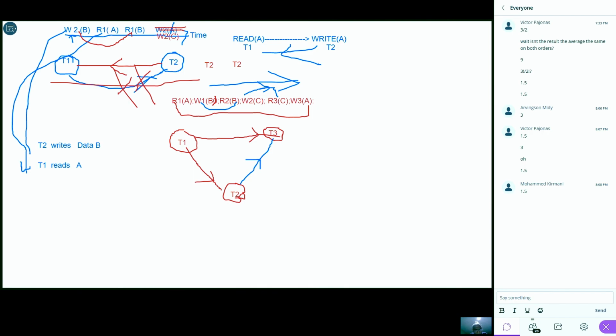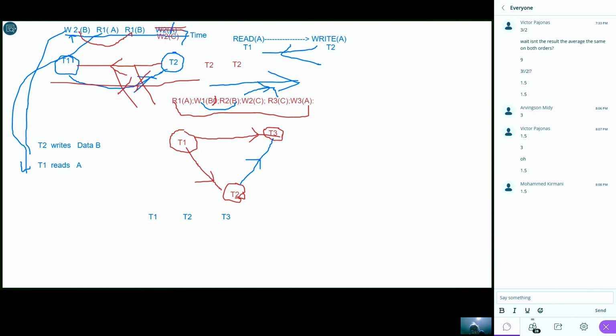And that will satisfy this. Is there any other schedule? Well, look at this. How about this? First T1, then T3, and then T2. Does that work?